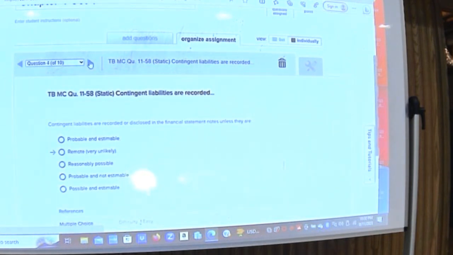Question number 4, contingent liabilities are recorded or disclosed in the financial statement notes unless they are remote, very unlikely. Okay, so here's a liability that will come into play if certain other events occur. We're not going to actually put them into our financial statements, but we have to make stockholders aware that they're there. We're going to include them in our financial statement notes.